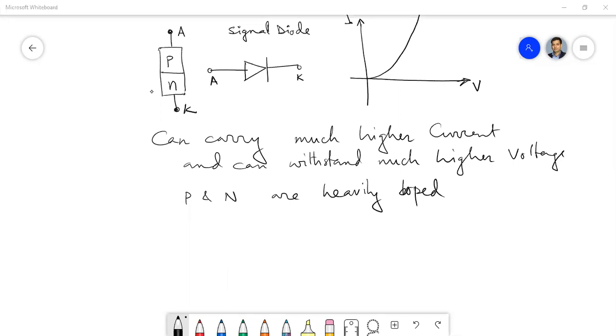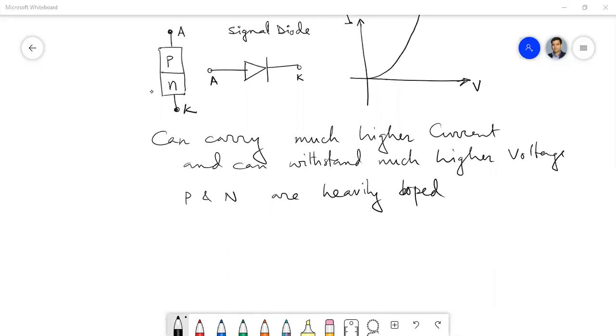So what is the advantage of heavily doped? I am coming to that later, but first tell me what you mean by doping. Introducing impurities to increase the carriers.